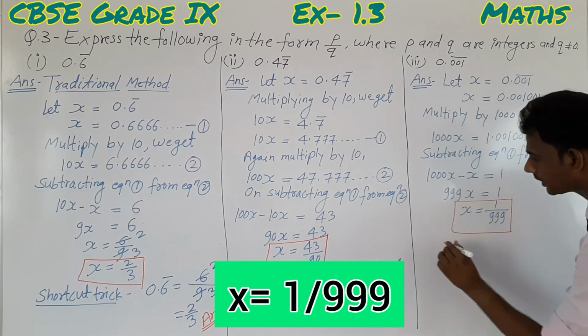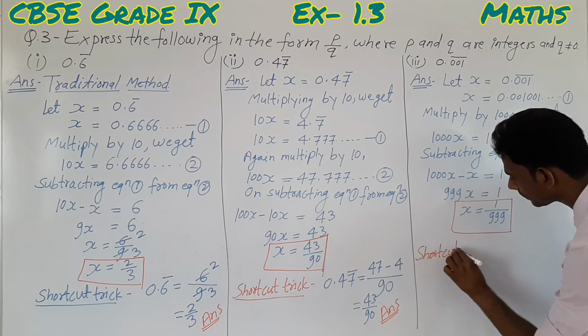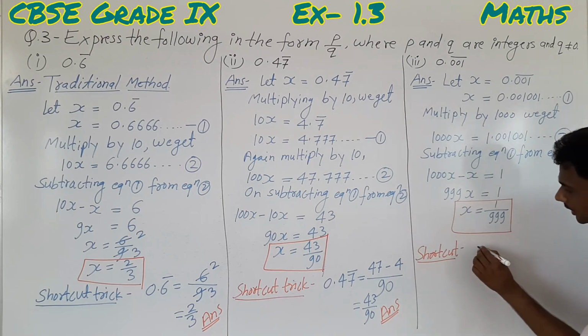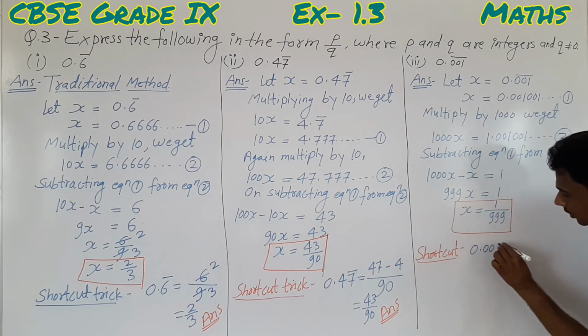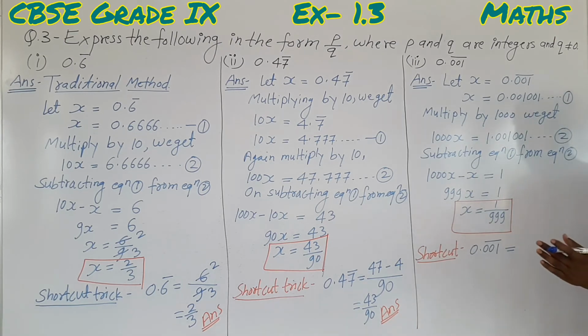Now trick. First of all, you write the number. Number is 0.001 bar. This will be equal to, you pay attention here. Here 3 digits are recurring. Then in denominator you write how many 9? 3 9s.